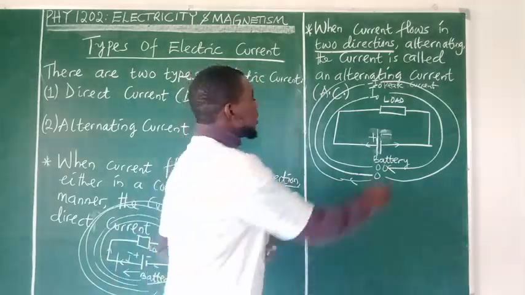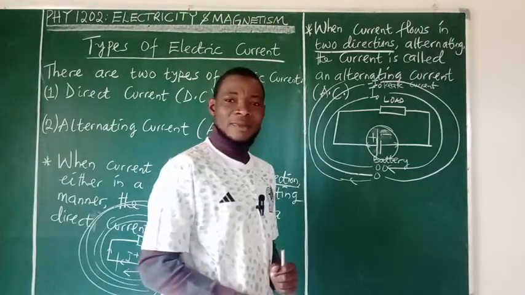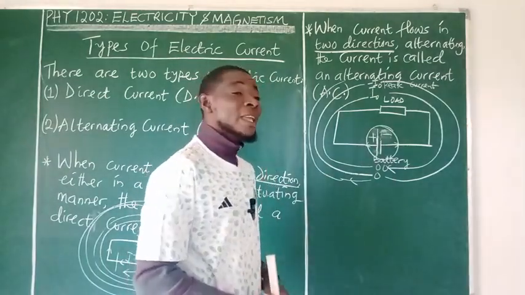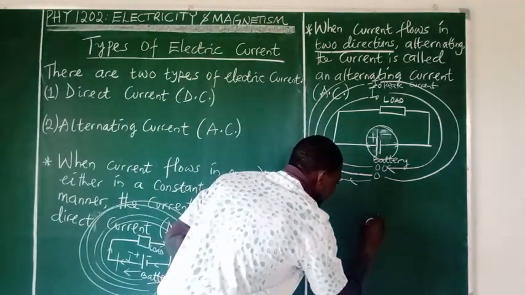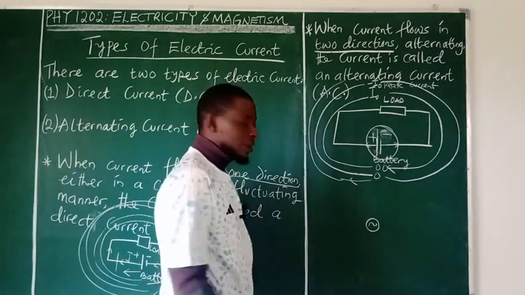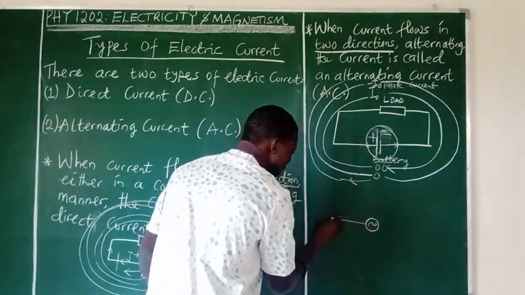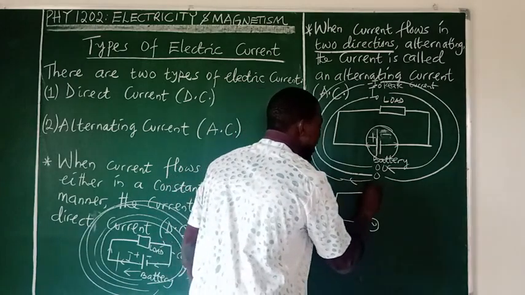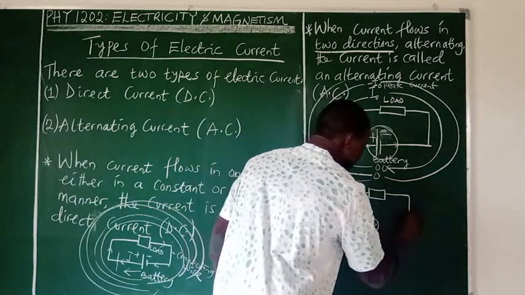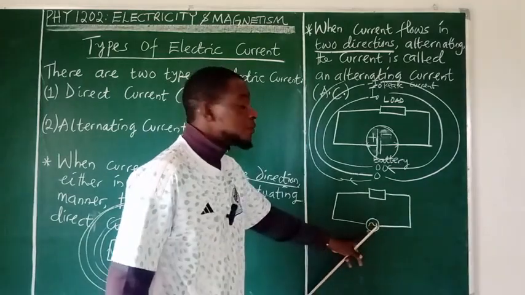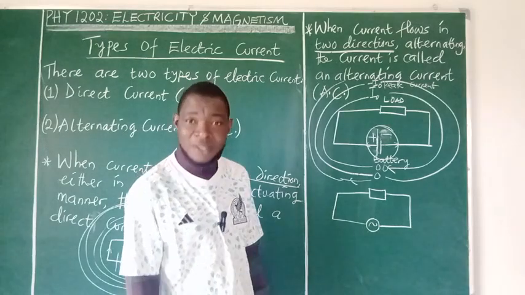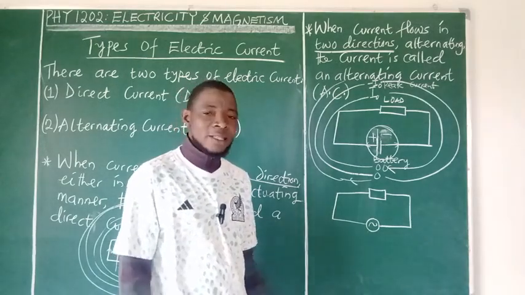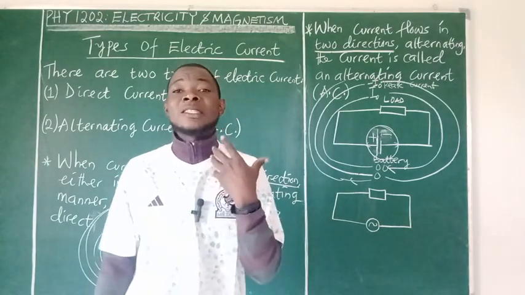For this reason, we don't use this symbol for an AC source. Okay, what we use is something like this. You see, this one. Wherever you see something like this, you know that the current you obtain from here is an alternating current. It's not a direct current. Okay, these are the currents we obtain from generators.